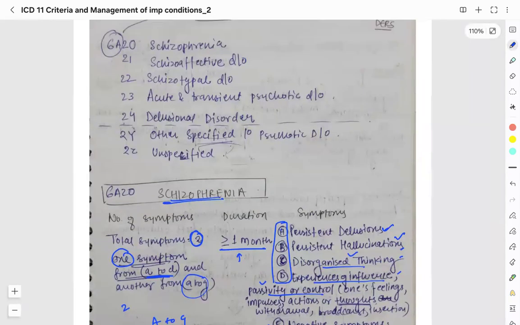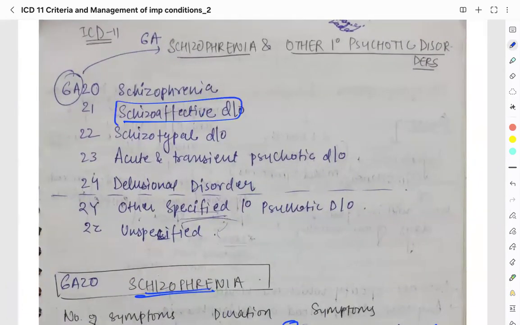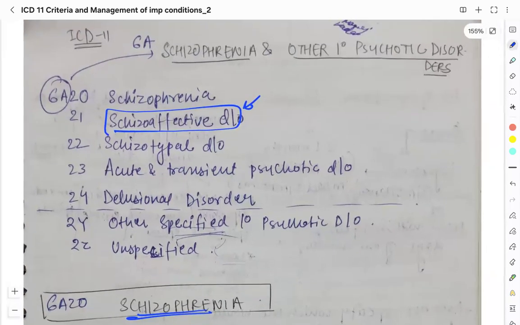Now, before we go into the details of schizoaffective disorder, can any one of you tell what you understand by schizoaffective disorder? There's a significant mood element involved.